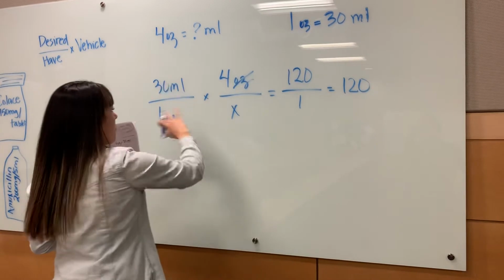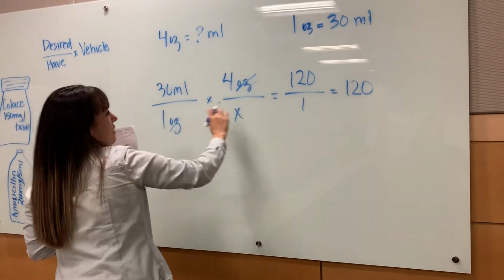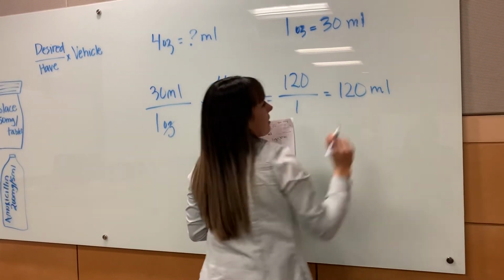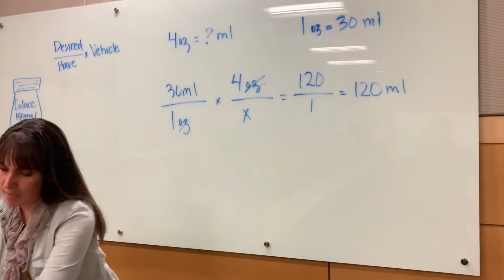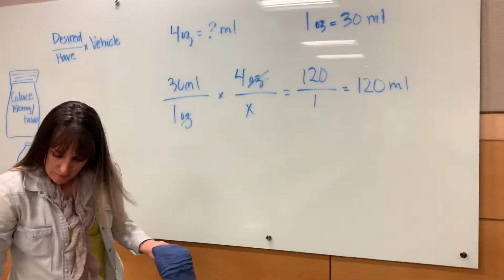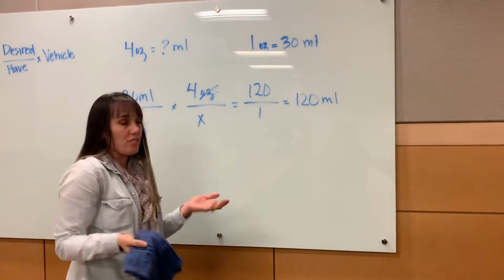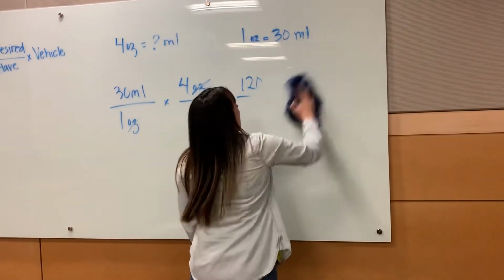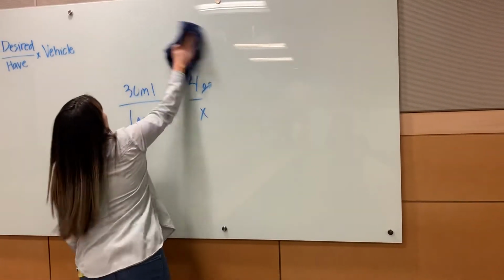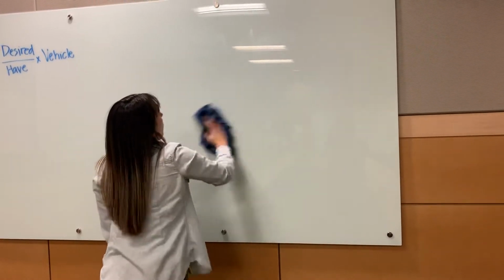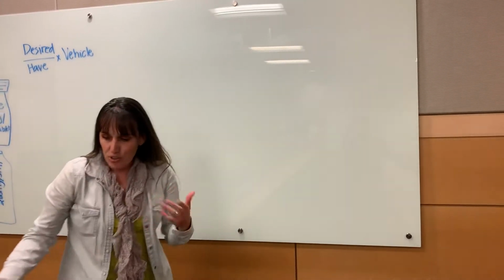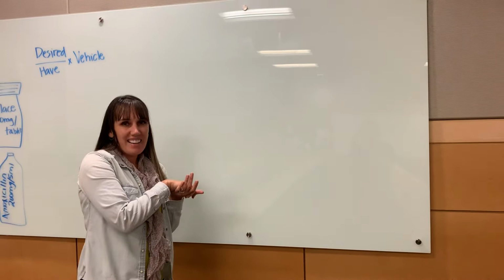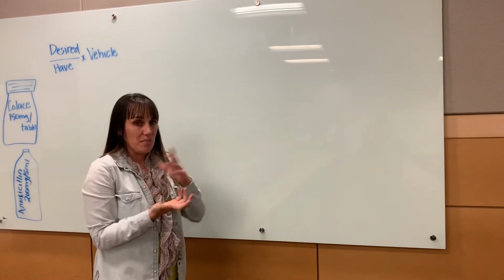Well, what's left over? Our ounces are gone, so it's the mils that are left. So 120 mils. You can see where you get the same answer, you just do it in different ways. And so you can decide what works best for you and your brain. Or you may decide to do the problem in the ratio method and then check your answer with dimensional analysis.